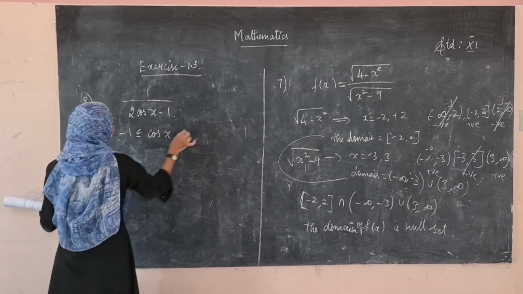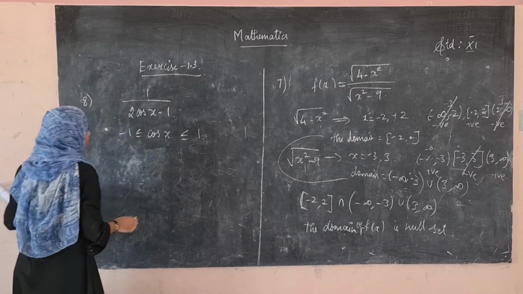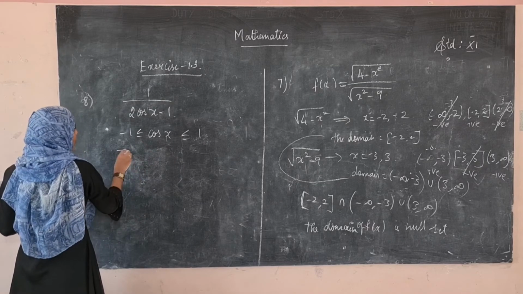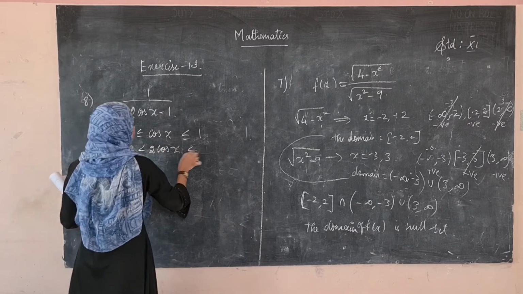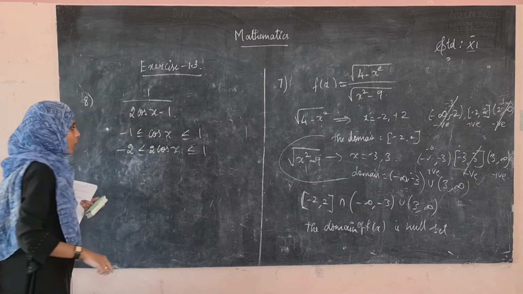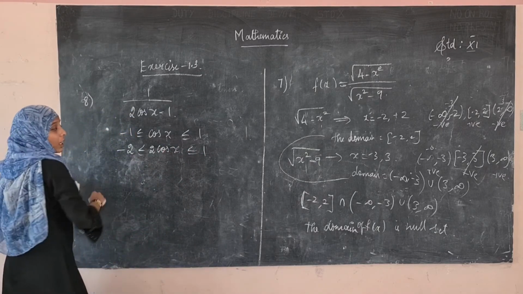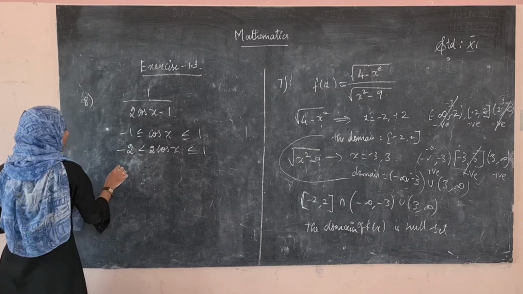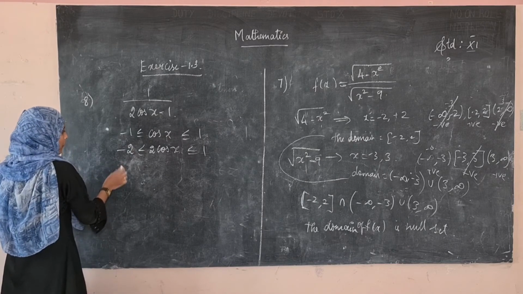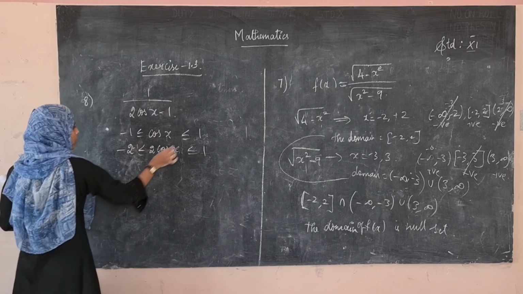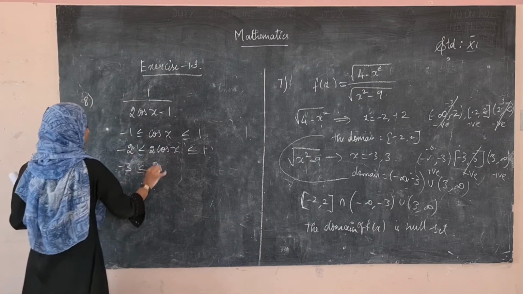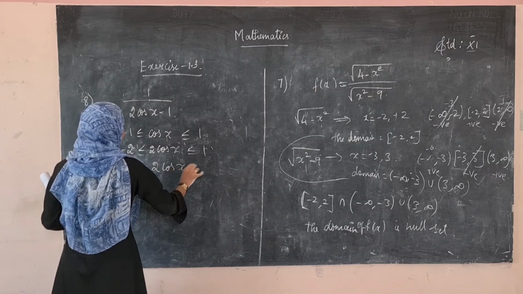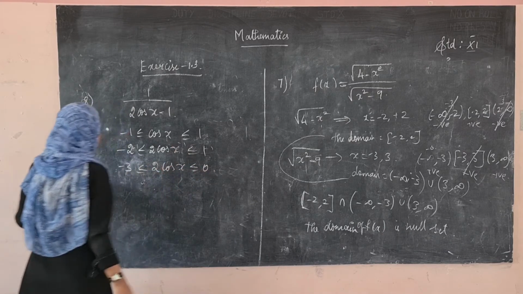Minus 1 less than or equal to cos x less than or equal to 1. Multiplying by 2 throughout, minus 2 less than or equal to 2 cos x less than or equal to 2. Again subtract 1. Minus 2 minus 1 becomes minus 3 less than or equal to 2 cos x minus 1 less than or equal to 1.